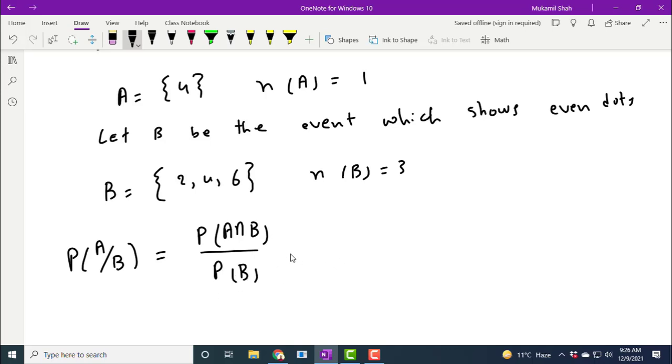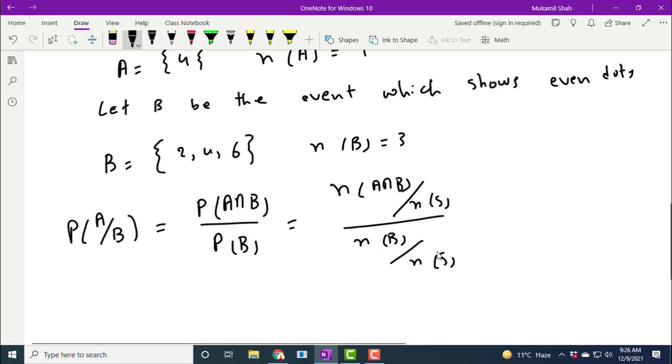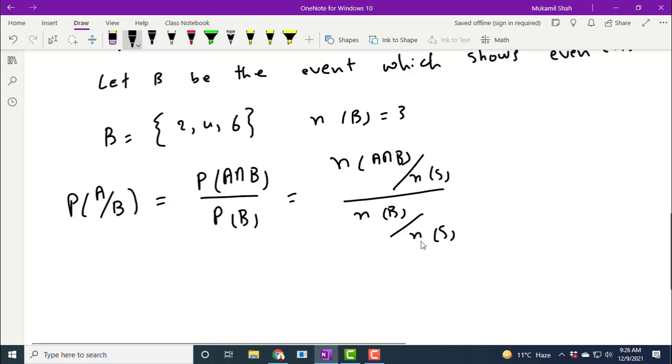And according to the classical definition, the probability of A intersection B is equal to favorable outcomes of A intersection B divided by total number of outcomes in the sample space. Similarly, probability of B is favorable outcomes of event B divided by total number of outcomes in the sample space. We already know the number of outcomes in B is 3, and the number of outcomes in the sample space is 6.